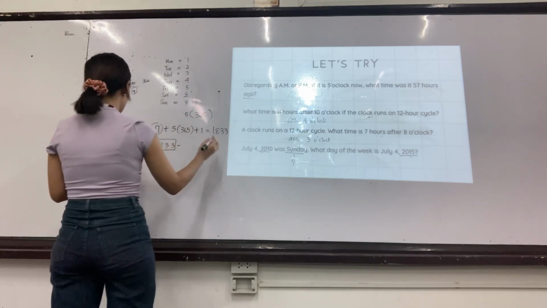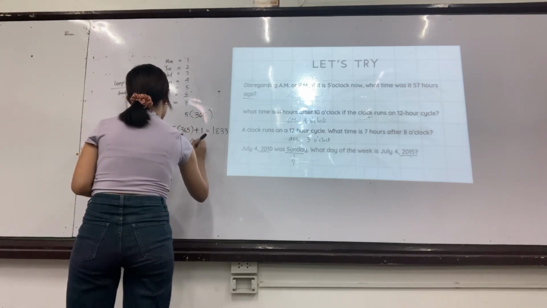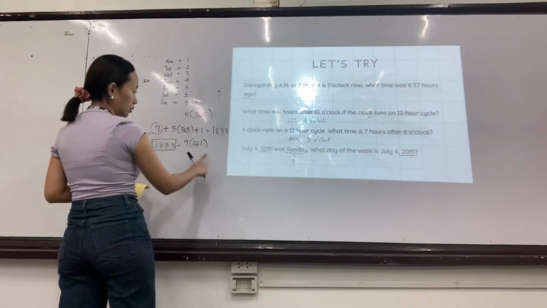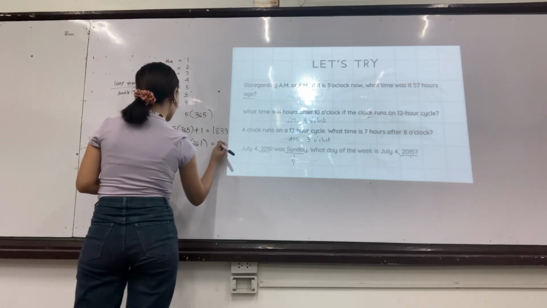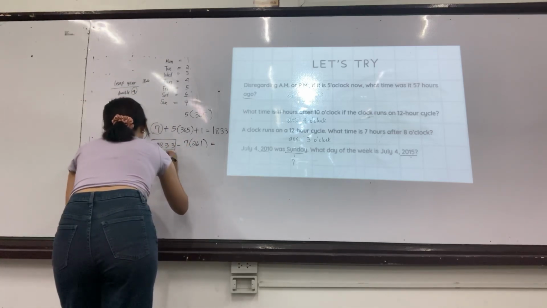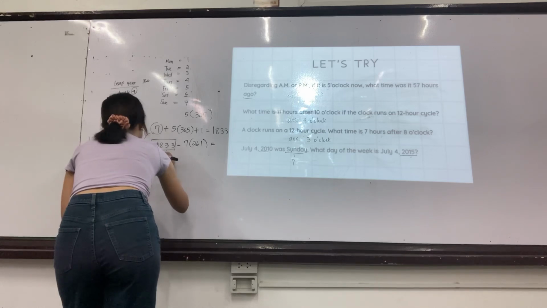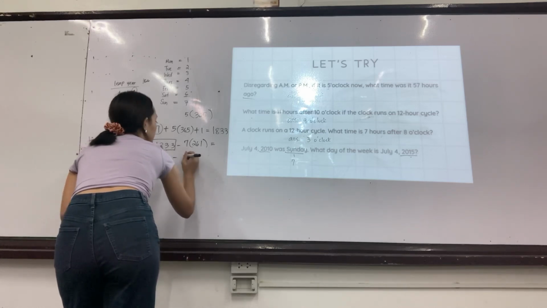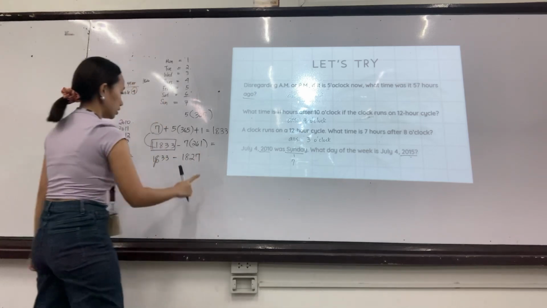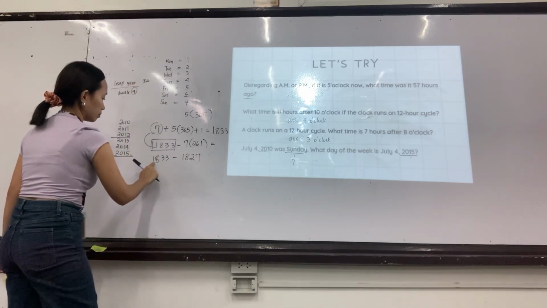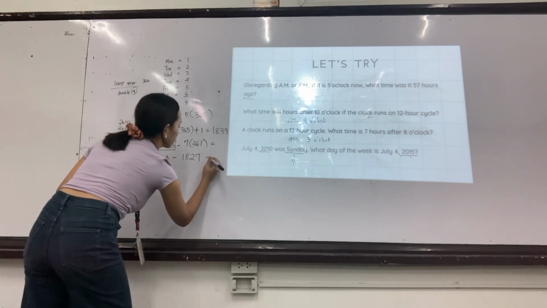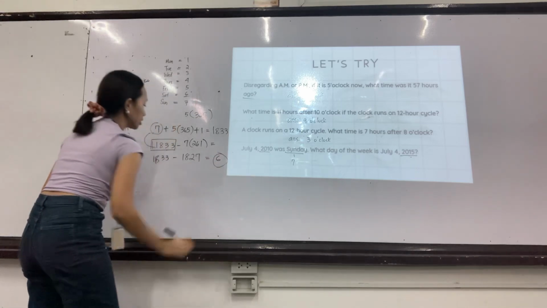So let's say 7 times 261 is equivalent to 1,827. So our answer is 6.